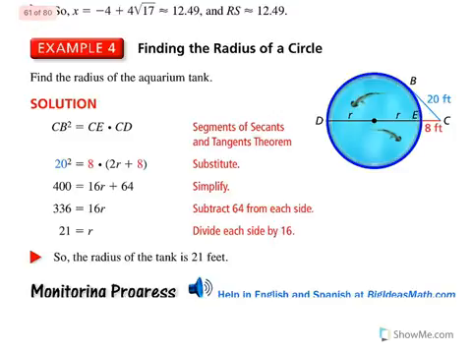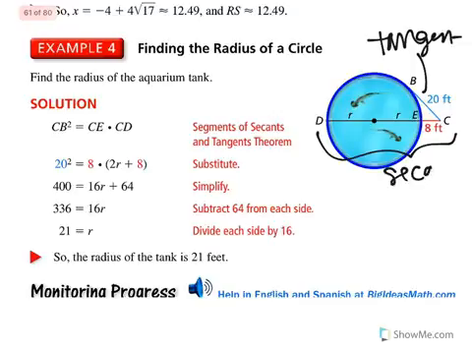Our next example, we're finding the radius of a circle. It says find the radius of the aquarium tank. Okay, so if you take a look at these, we have B, which is a tangent line, and then we also have CD, which is a secant line. So we can use our formula. Our tangent squared is equal to the outside of my secant times the whole secant line. Okay, so that's our formula.